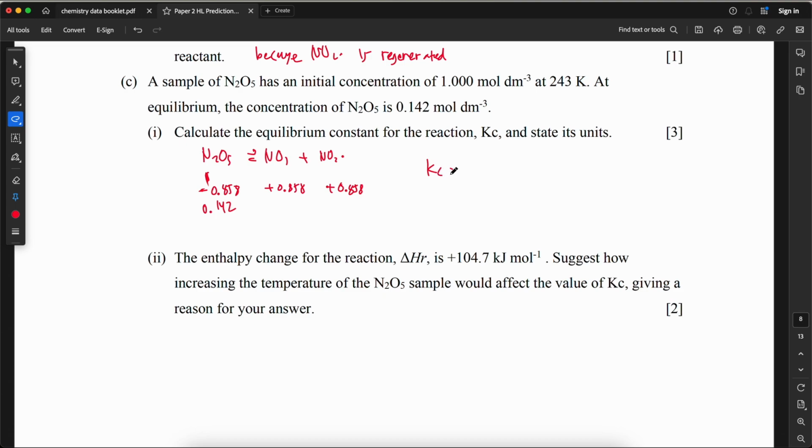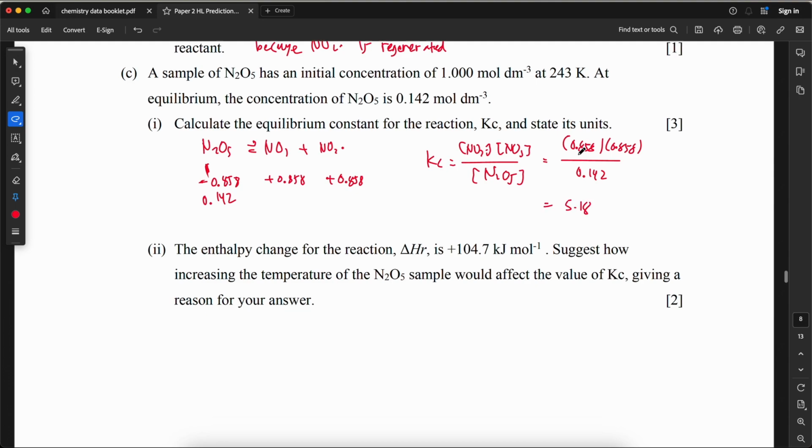So now Kc is the concentration of NO2 times NO3 divided by the concentration of N2O5, which is 0.858 times 0.858 divided by 0.142, which is 5.18.